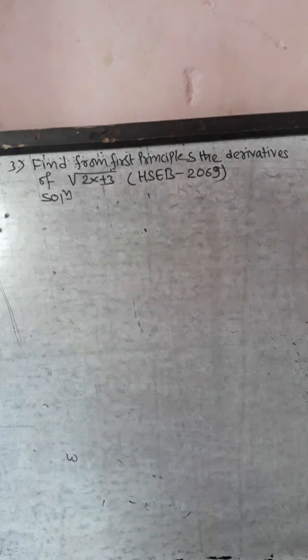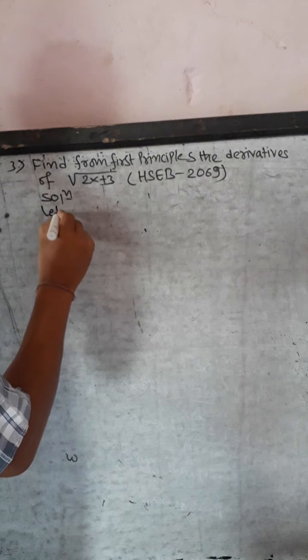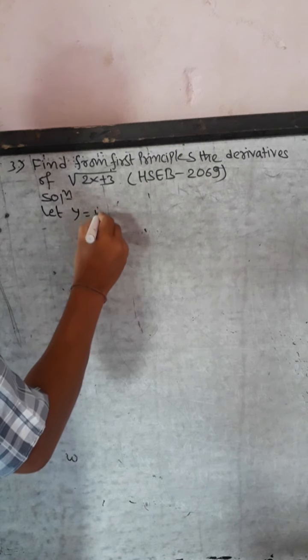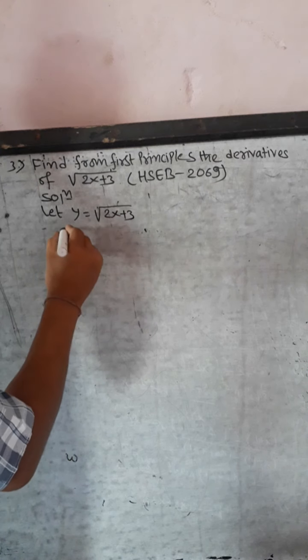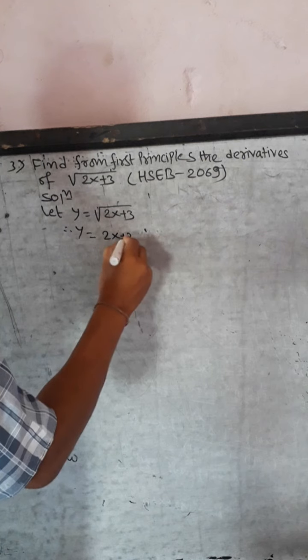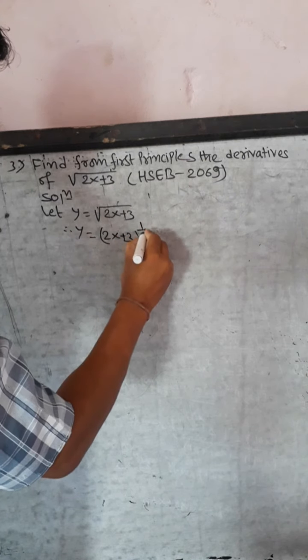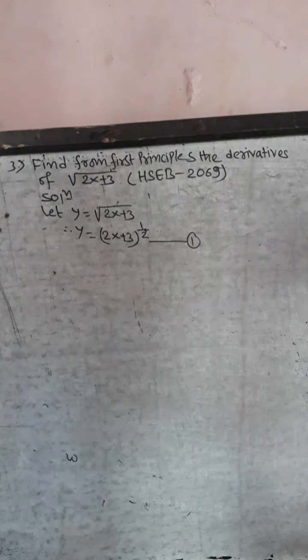So same way, first we'll let y is equal to root under 2 to the power x plus 3. Therefore this one you can write in the power also, root means 2 to the power minus 1 by 2.